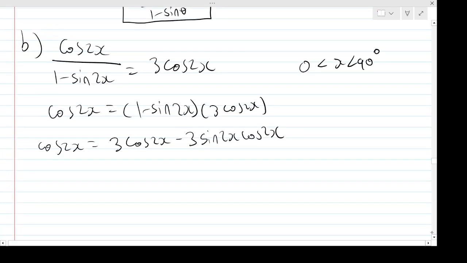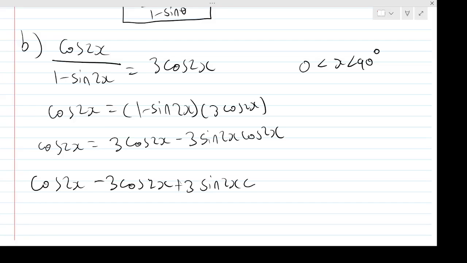Right, okay. So then I can factorise, and if I move everything to one side, I think that might make things easier. So cos 2x minus 3 cos 2x plus 3 sine 2x cos 2x equals 0. Then I can simplify this.